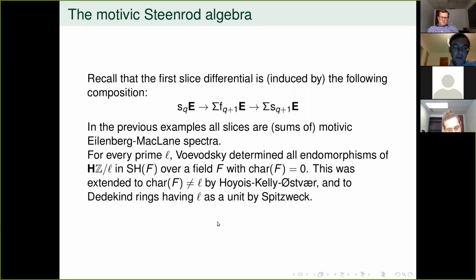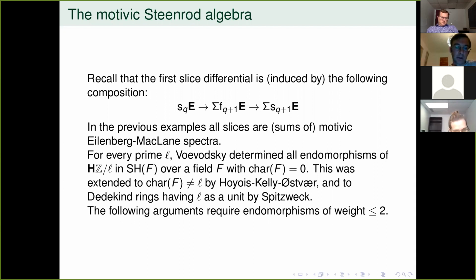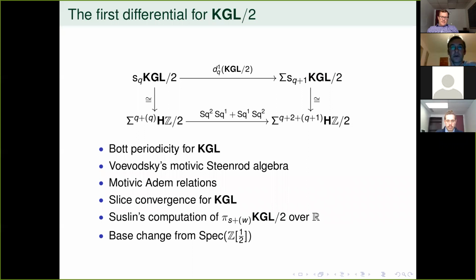So this will be not the whole Steenrod algebra, but at least or at most the weight 2 part. This will be interesting for the first differential. And here's one first computation of a slice differential for mod 2 algebraic K-theory.